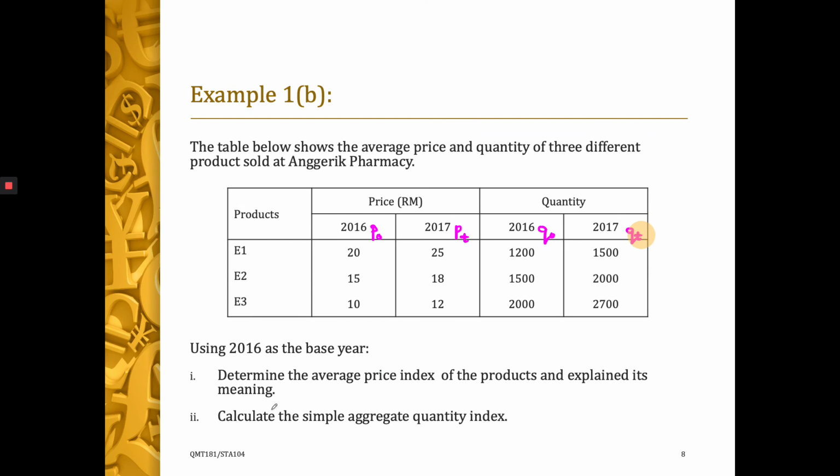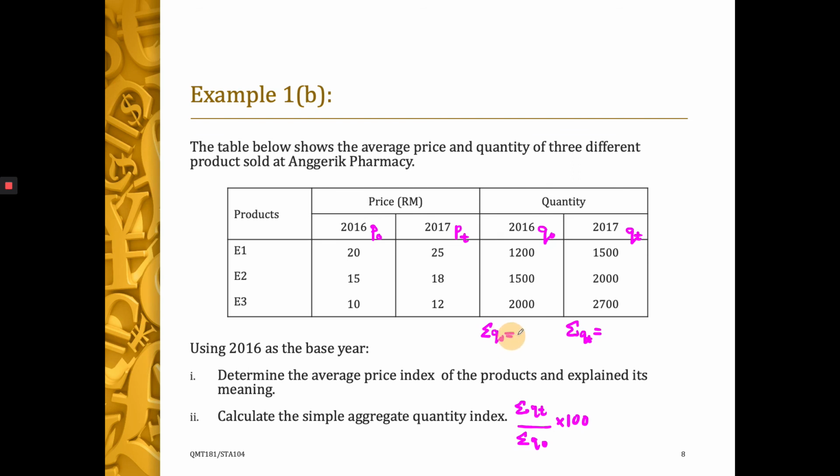The next one, calculate the simple aggregate quantity index. You have to do total QT divided by total Q naught times 100. So here you have Q naught, you have QT. You add all the 3 items, you will get the summation of QT. For Q naught, you add up all the 3 items and you will get total Q naught.